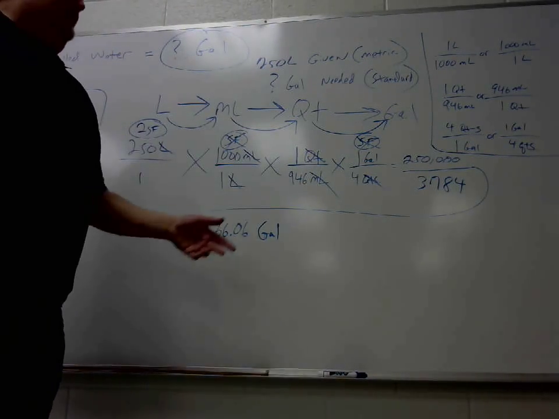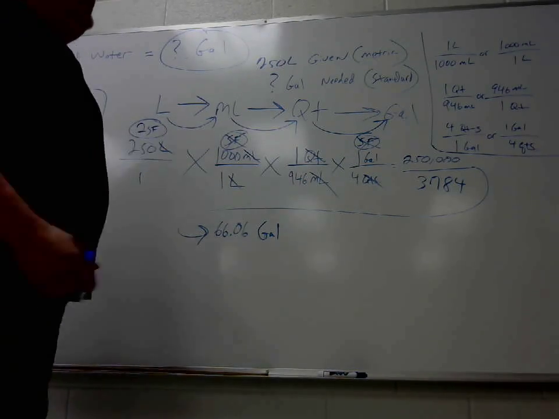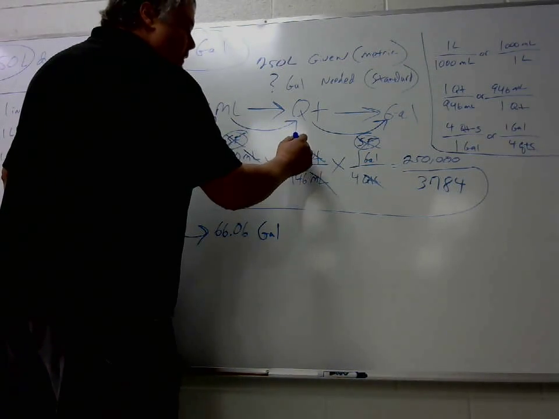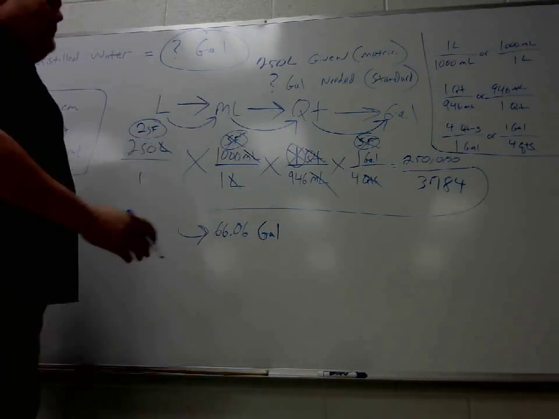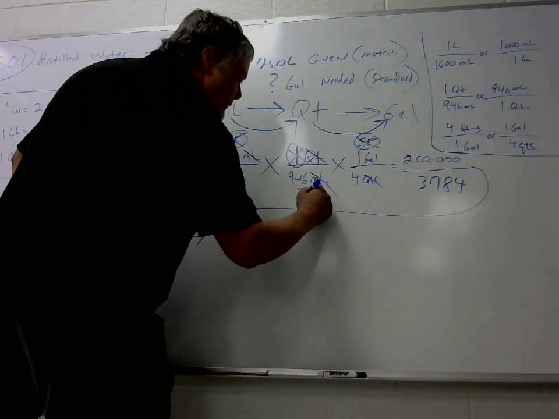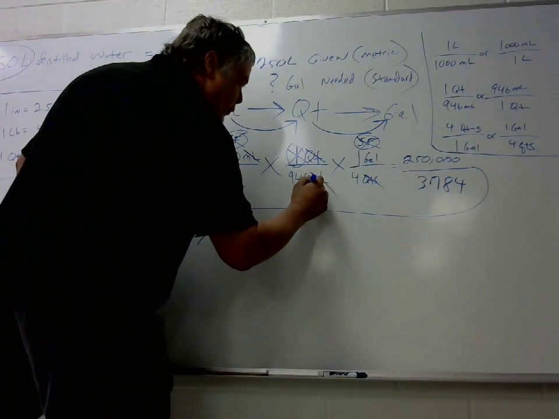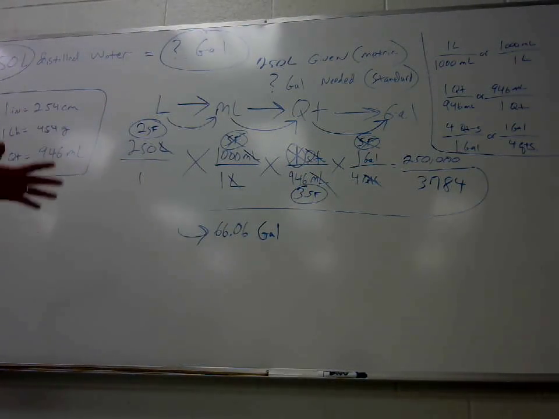In other words, we've measured 946 milliliters is equal to 1 quart. So forget about the one that's the digit 1. Always go by the one that has the most significant figures. In this case, we have 3 significant figures. If it's a 1, it doesn't count, and one of them is almost always going to be a 1.